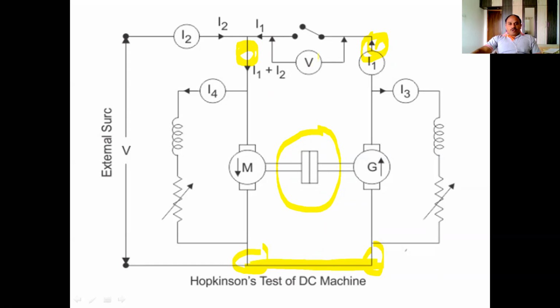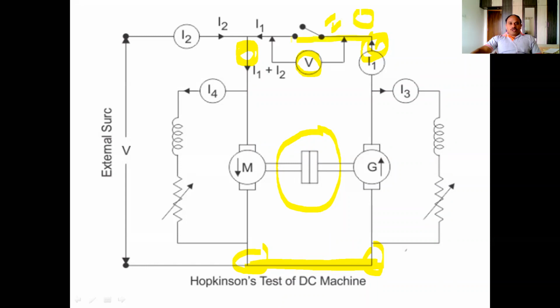Here your voltmeter is connected. That voltmeter measures the voltage difference between the external source and the generator. If this voltmeter reads zero, then we close the switch.